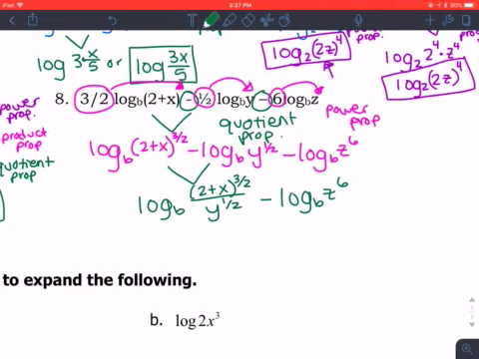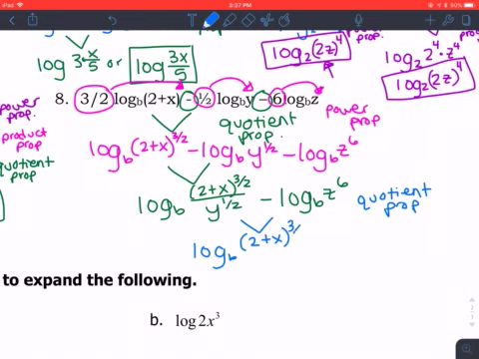Okay, now I'm going to combine these two logs. We're subtracting. So again, we're going to use the quotient property. So we have log base b of (2 plus x) to the 3/2 over y to the 1/2, divided by z to the 6th. I have a fraction inside of a fraction. We definitely don't want to leave our answer in this form.